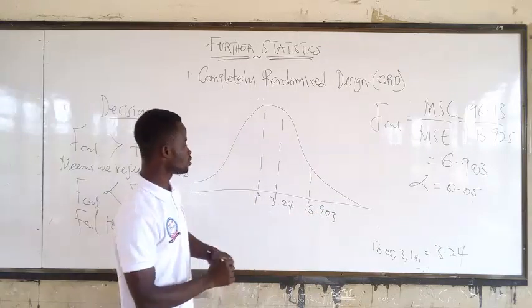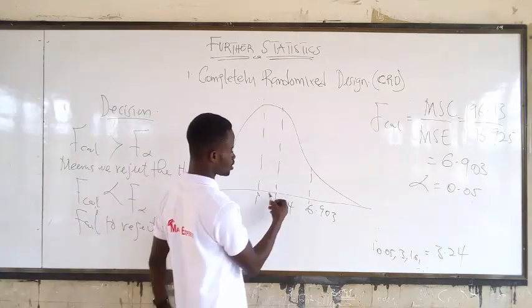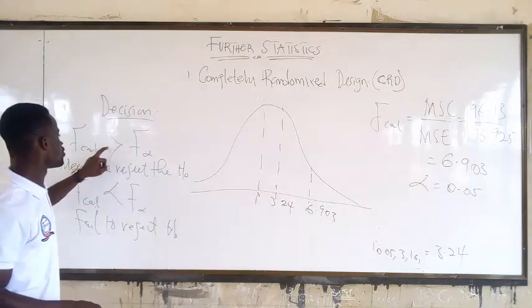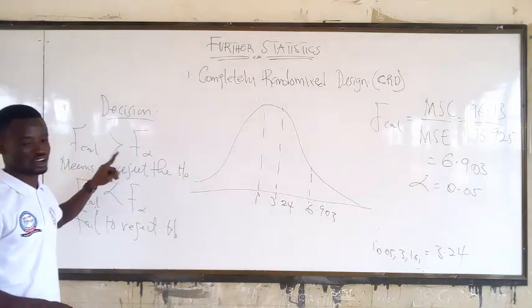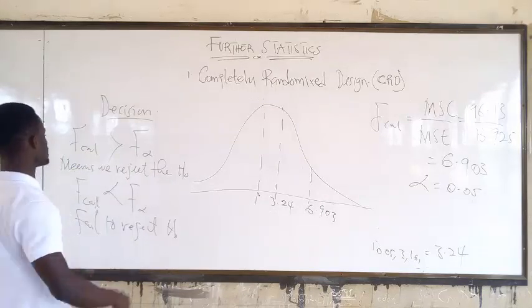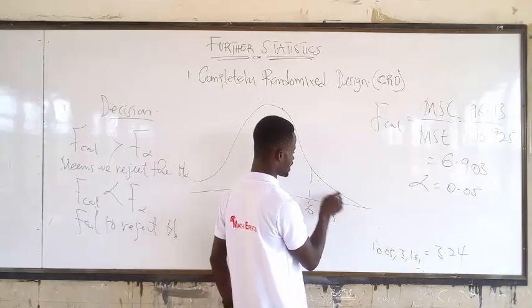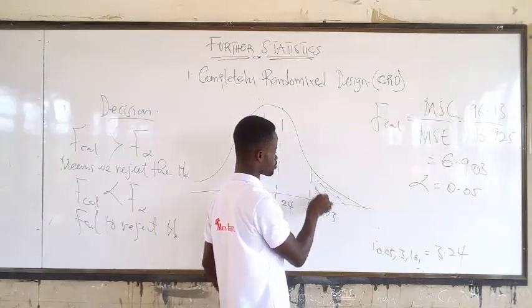Since F calculated is greater than the F alpha, we reject the null hypothesis. So when we reject it, it means that we shade this part.